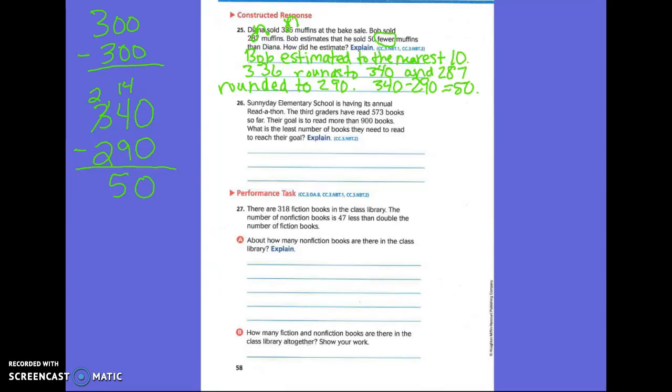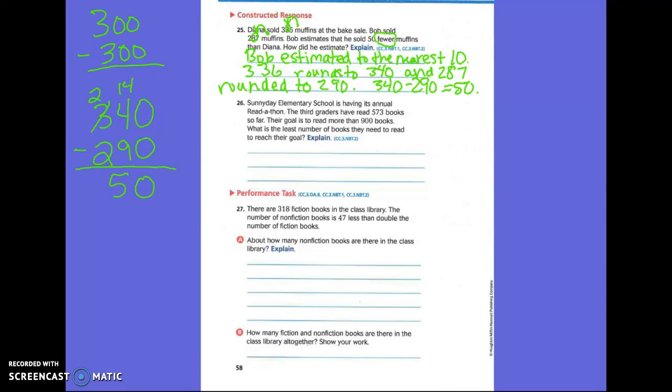Sunny Day Elementary School is having its annual read-a-thon. The third graders have read 573 books so far. Their goal is to read more than 900 books.